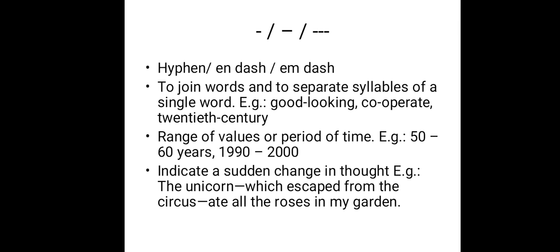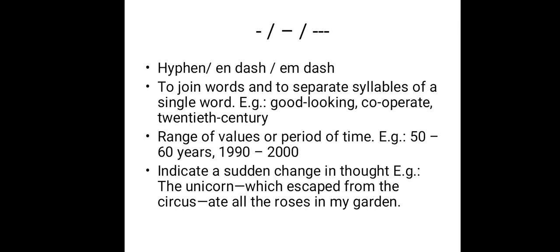So that's how the n dash, hyphen and m dash differ actually. The size differs and they are used for different purposes. If you want to refer to a range of values or period of time, then you'll be using n dash, that is 50 to 60, 1990 to 2000. So you are using n dash here.